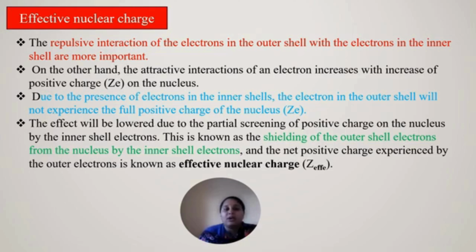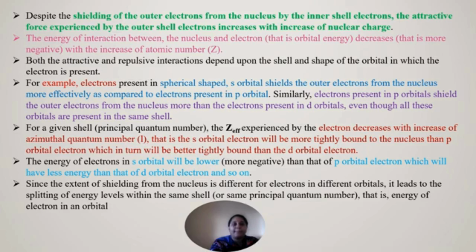This is called the screening or partial screening of the positive charge on the nucleus by the inner shell electrons. The net positive charge which is experienced by the outer electrons is known as effective nuclear charge. As the shielding of the nucleus is done by the inner shell electrons, the attractive force experienced by the outer shell electrons increases with the increase of the nuclear charge.